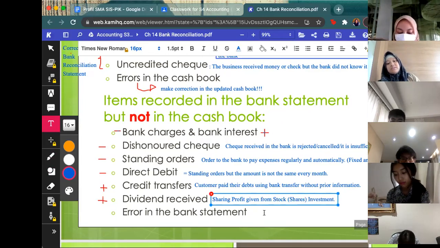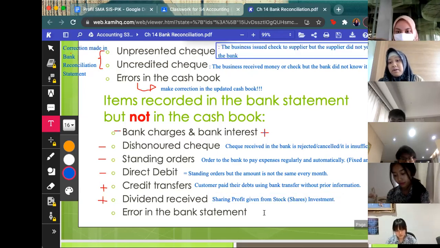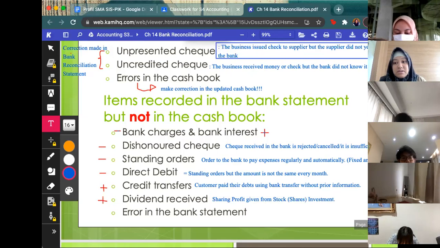Sometimes as a business, we have an investment, we have another company's shares. For example, Nicole has Starbucks shares. She bought Starbucks shares, and every 3 months, Starbucks will give their dividends to the business. It will automatically be sent to the account, and you did not have any prior information that you received the money. So dividend received is also one of the reasons why there are transactions that do not appear in the cash book, but are shown in the bank statement.